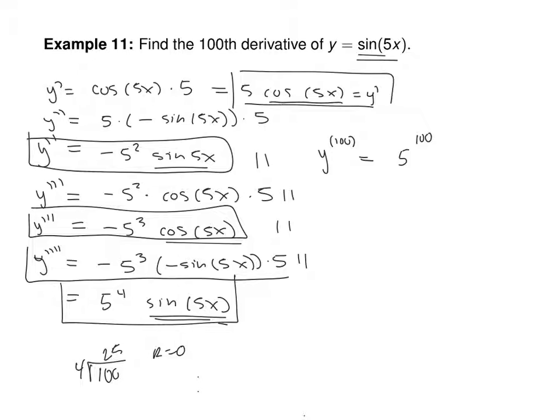Would it also be like, it's an even number, and y2 and y4 are both sine, whereas y1 and y3 are cosine? Yes, if I'd asked you for the 102nd derivative, then you're right. They both involve sine, but the 102nd derivative would have to also be negative, just like the second derivative is negative.